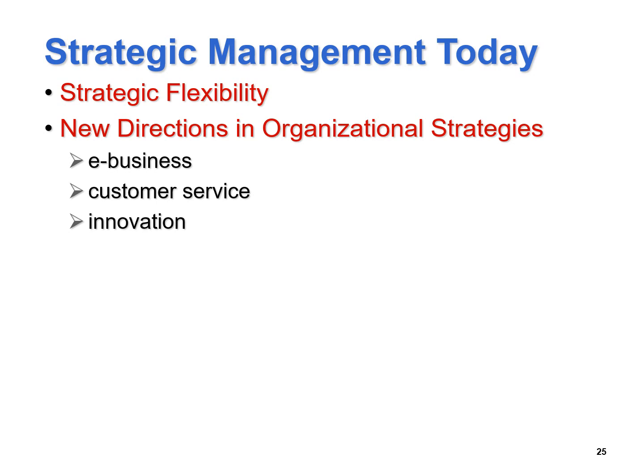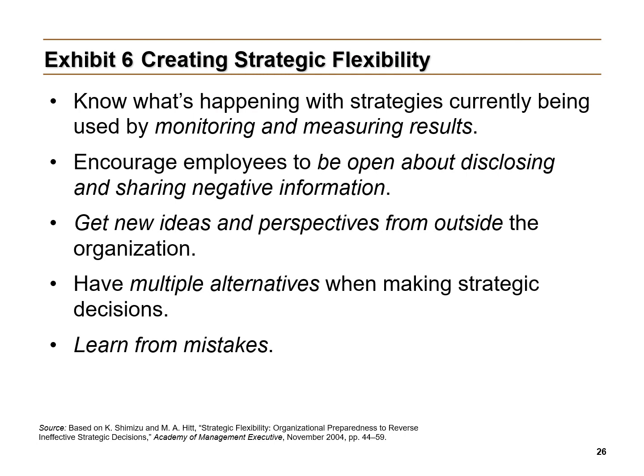to get returns far above expectations. So, how can we create strategic flexibility? You can see and know what's happening with the strategies currently being used by monitoring and measuring the results. Number two, encourage employees to be open about disclosing and sharing negative information.